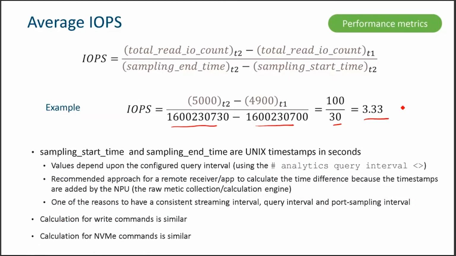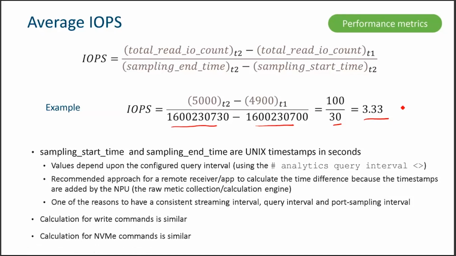But remember, IOPS is a derived metric. It's not a raw metric that the NPU calculates by looking at the frames. What we talked about yesterday is that it's just counting the total read IO count and the total write IO count. It's not natively calculating IOPS. Once the NPU has the total count, a secondary level of math runs, like what you see here on the screen.